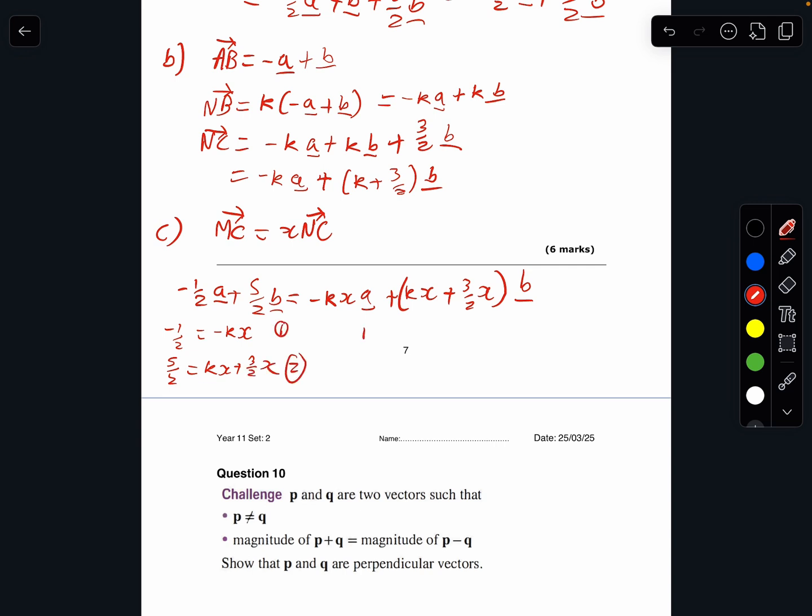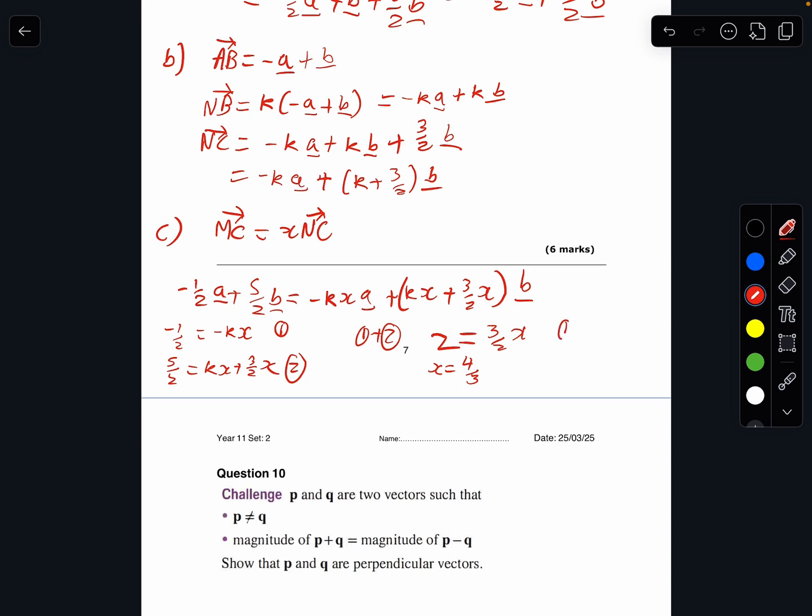I'm now going to quickly do 1 plus 2, because if I do that, the minus kx and the positive kx will cancel each other out. That gets me, well, minus a half plus 5 over 2 is 4 over 2, which is just 2, is equal to 3 over 2x. Times by 2, divide by 3, gets me x is 4 over 3. Now I know that I can sub this x into any of them.